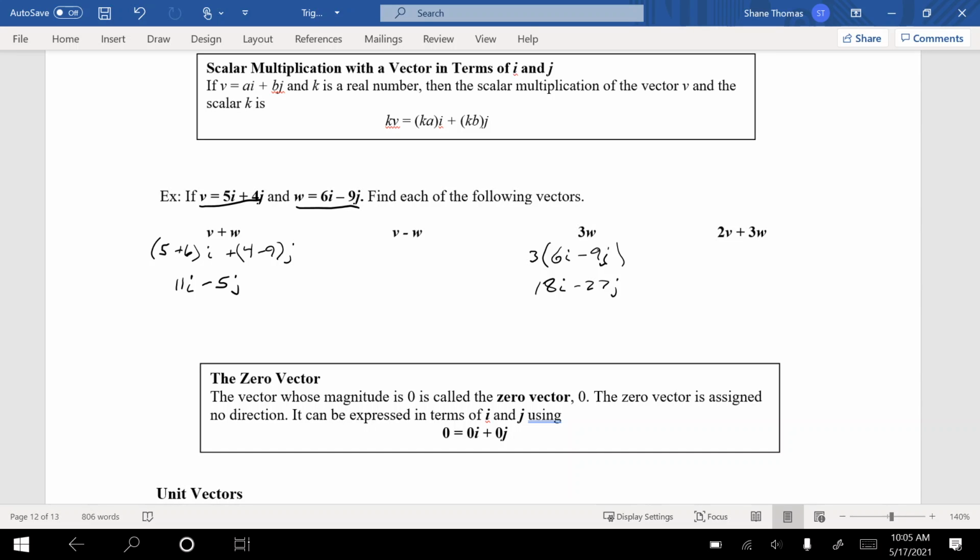Take 30 seconds to a minute and do the other two. All you got to do is combine like terms. Just be careful when you subtract. You'd have to subtract.